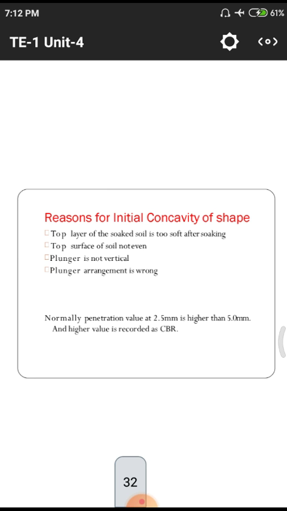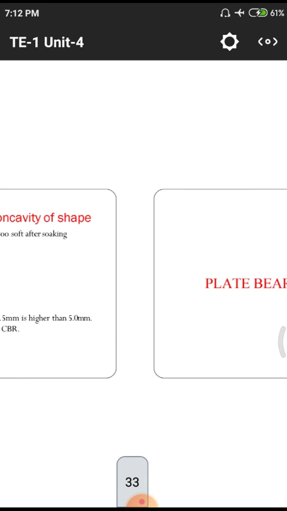That means the load at 2.5 mm and 5 mm settlement. We need to find out the loads relative to the same settlements for a standard aggregate. Those two things we need to take and observe one by one. That means first of all we take the soil sample value divided by the aggregate value, into 100, that will give the CBR value. These are the reasons where CBR will fail.